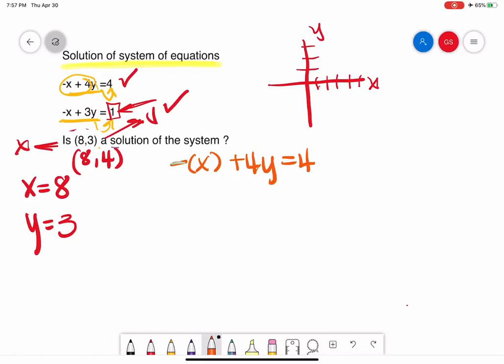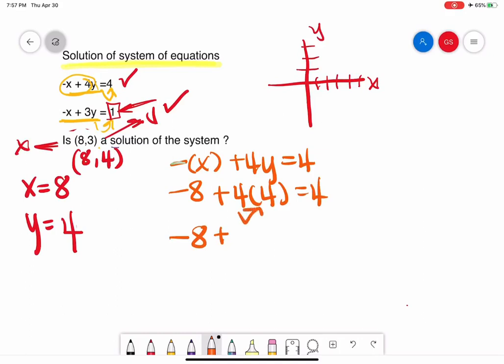And you will substitute every letter with the numbers you have here, which this one should be a 4, 2. Which would be minus 8 plus 4 times 4 equals 4. So we have the minus 8 plus 4 times 4 equals 16.